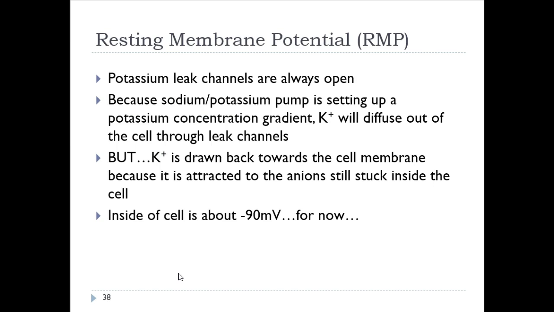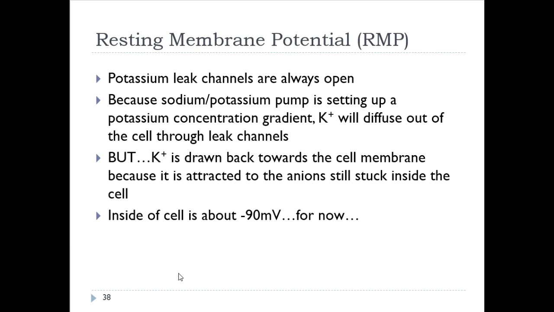So at resting membrane potential, potassium has channels that are always open. So potassium could potentially leak to the outside, but again, they're so attracted to that negative charge that they come right back. Also, there's a pump that requires energy called the sodium-potassium pump, and it's always set up to allow potassium in and sodium out.